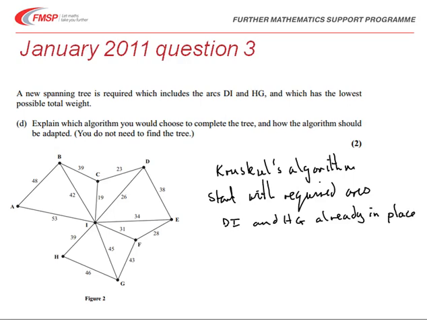So we'd use Kruskal's algorithm on the remainder of the network once those two had been put in place. Just 2 marks there for getting Kruskal's algorithm with an explanation of the way it's adapted.